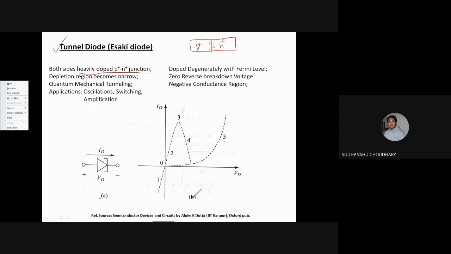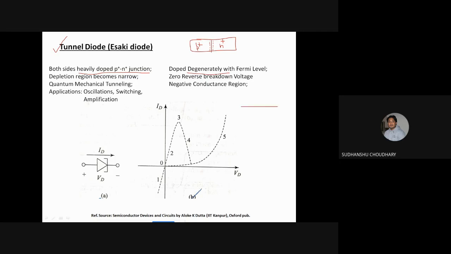So now let us once again bring back the same junction, that is the heavily doped junction, where both sides are heavily doped, P plus and N plus. In fact the level of doping is such that the semiconductor is called a degenerately doped semiconductor.